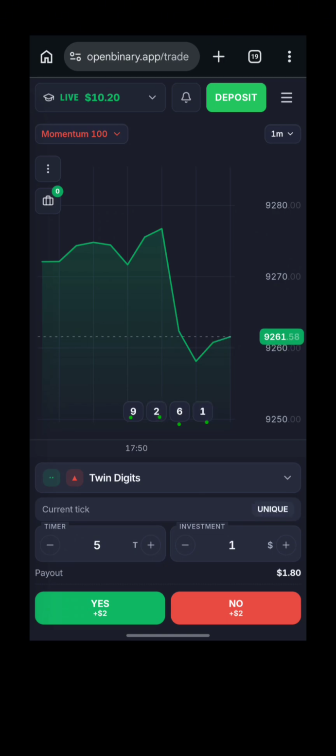Mostly what I trade is I always wait for two digits, for twin digits.